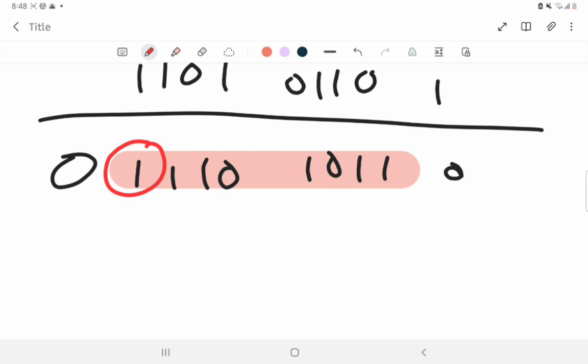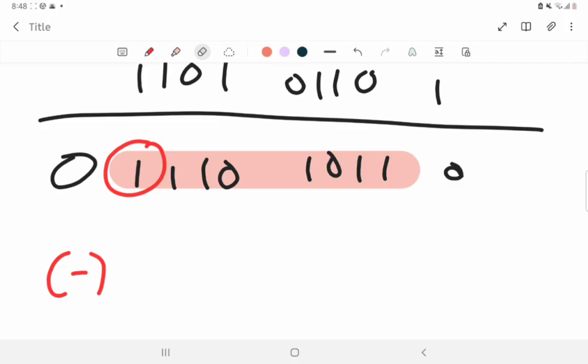This will determine your sign. If this value is 1, then it's negative. If this value is 0, then the answer must be positive. So this thing, you have to change it to 2's complement and change it to decimal.